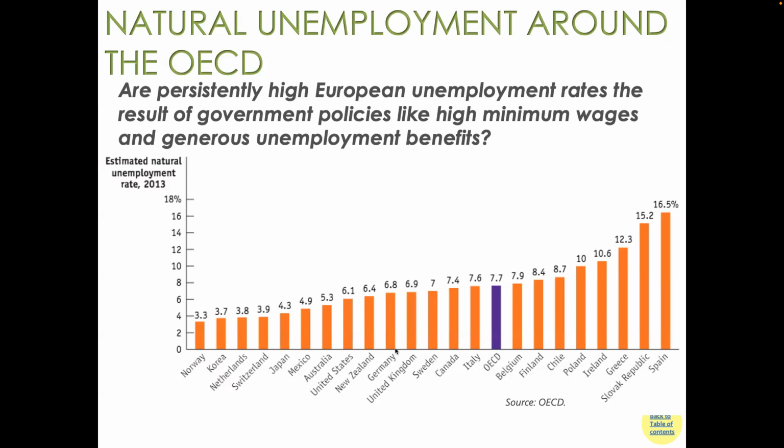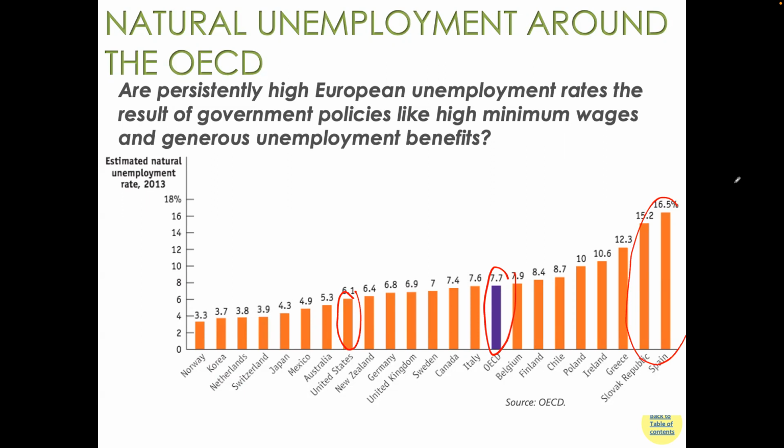Among those countries, we look at their natural unemployment rate in 2013 and rank them. In the middle, this is the OECD average or group average. The United States is here, lower than average. Now in the far right, you have Spain, which is very high.